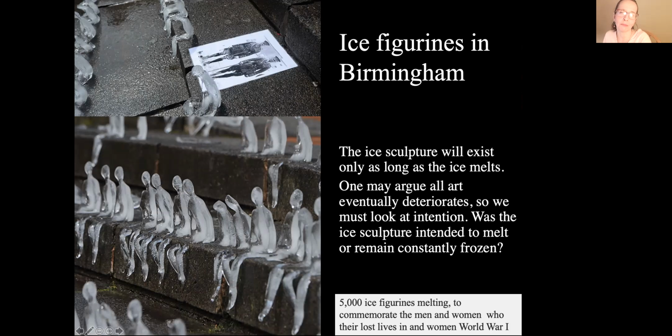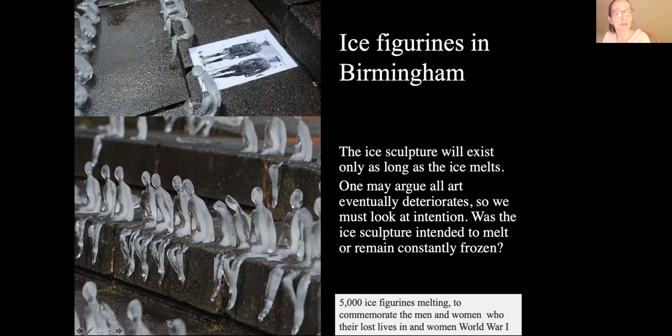And the process of the melting and the disappearance and the turning into water, running together, is a quite powerful way of conveying loss and loss of lives that will always be nameless in the history of the 20th century and its devastating wars. So if you decide to look this up and read further about it, it conveys a very particular effect of loss in a very palpable way.